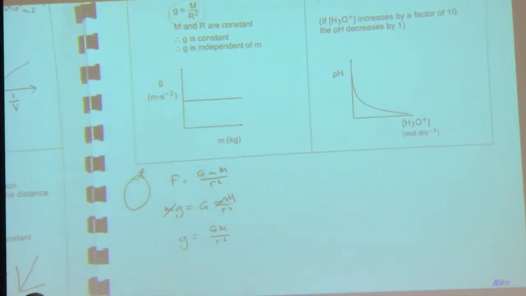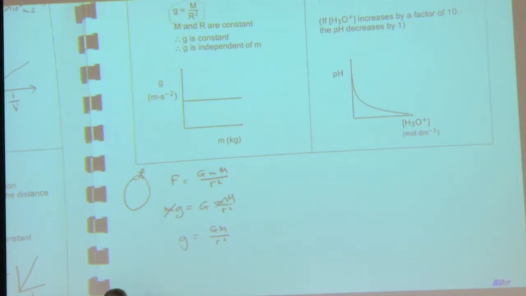Now, what can we see from this equation? The gravitational acceleration: is there a small m on that side? No. So does it depend on your mass? No. Objects with big mass and objects with small mass will have the same gravitational acceleration.